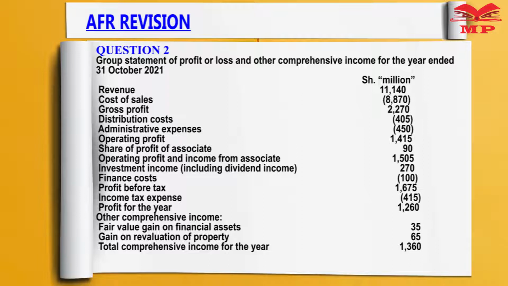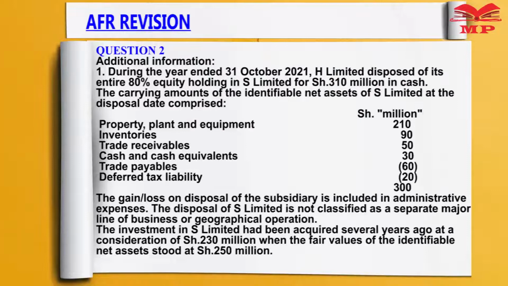We have the income tax expense, the profit for the year, and then we have other comprehensive income, or OCI. We are given the fair value gain on financial assets, and then the gain on revaluation of a property. Then from there we have the additional information.